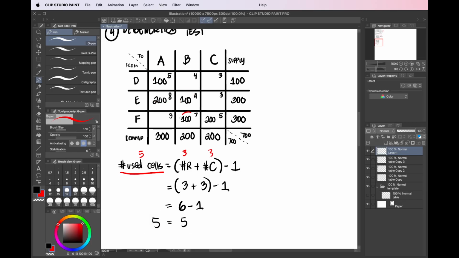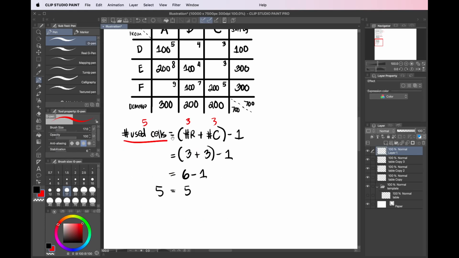And we have 5 allocations here, so this would be non-degenerate. However, it would be degenerate if, let's say, we had 4. Let's just say we didn't have this value. So just remember, the condition for non-degenerate is if the number of used cells is equal to the number of allocations. So that's basically it.